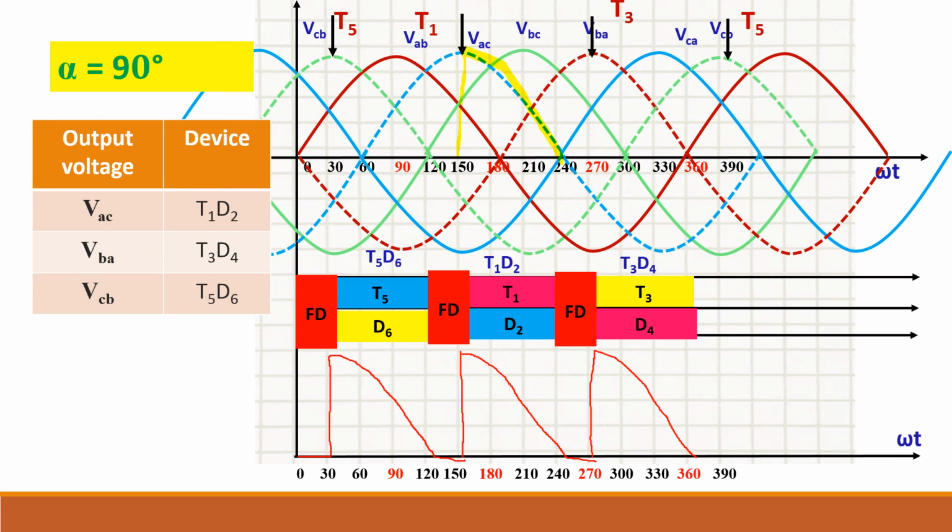Then during the freewheeling period output is 0. Then T3 D4: VBA is this brown color waveform, follow that. Then during the freewheeling period output is 0, and T5 D6 conducts, VCB should be the output. VCB is the green color waveform, so follow that. So this is your output waveform.